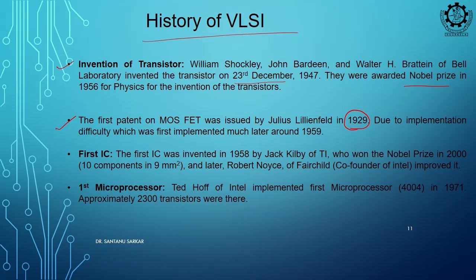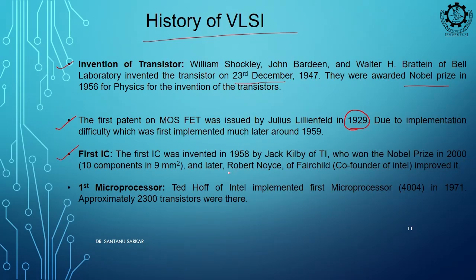The idea came first, but at that time it was difficult to fabricate. The technology was not solid enough to implement that idea. So, the BJT came first. The first IC was invented by Jack Kilby of Texas Instruments. He was also awarded the Nobel Prize.